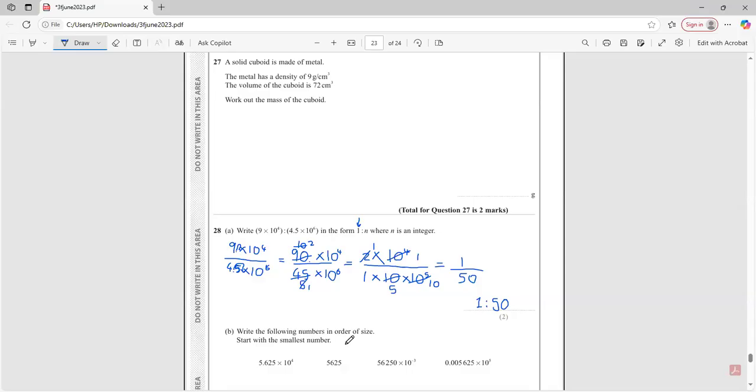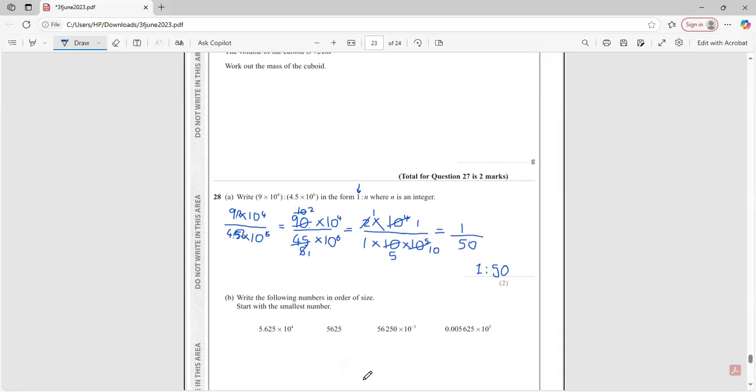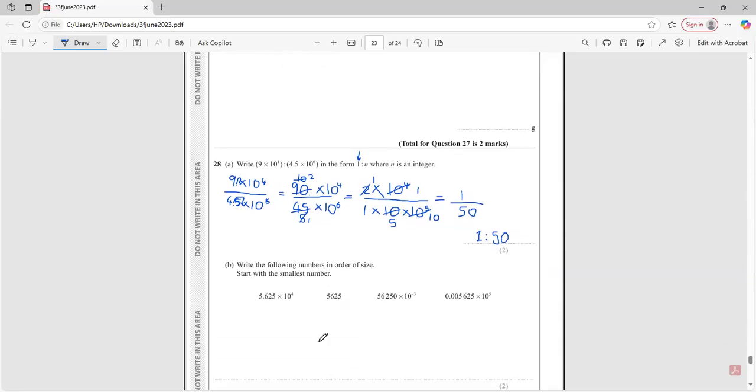The next question is talking about order of size, starting with the smallest number. Quite tricky, but I'm sure it's something that we can handle. So out of these numbers, which one seems to be the smallest?